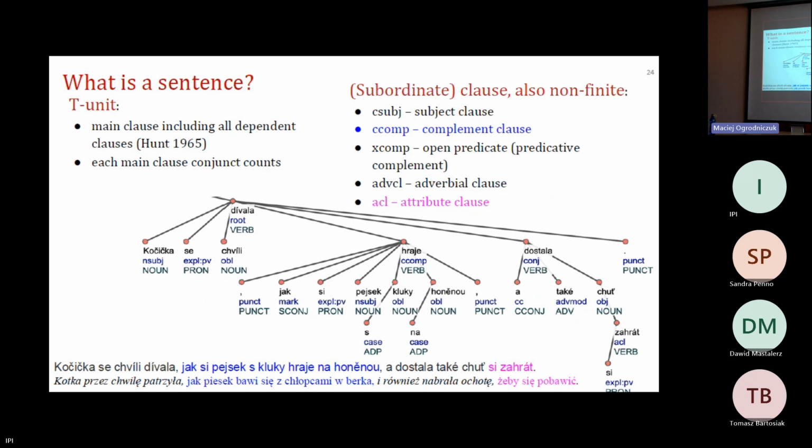So what is a sentence, or a clause? In Universal Dependencies, you don't really have a reliable annotation of what is finite and what is non-finite. So these clauses would also include something that looks like an infinitive, maybe a predicative adjective in some cases. Whatever is annotated like this.